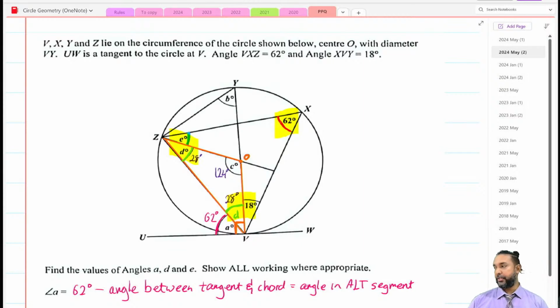So we have 62 at the top. To the bottom, we have 28 and 18. And then we have another 28-degree piece on top there. So the only portion missing is the E. So we could add up all of the other angles in the triangle and then subtract from 180. Right, so 62, 18, 28, and 28.